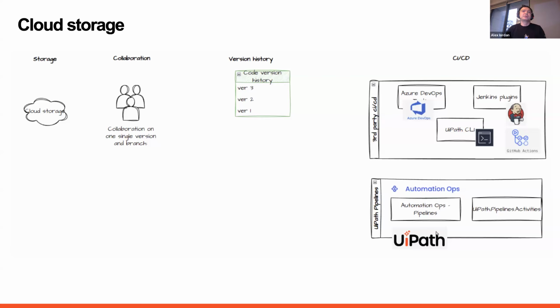It basically relies on the Studio Web cloud storage that is now enhanced with a version history feature and also with collaboration. I hope most of you are already familiar, but if not, I'll just recap a bit.